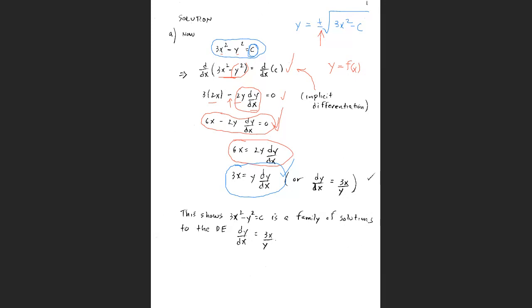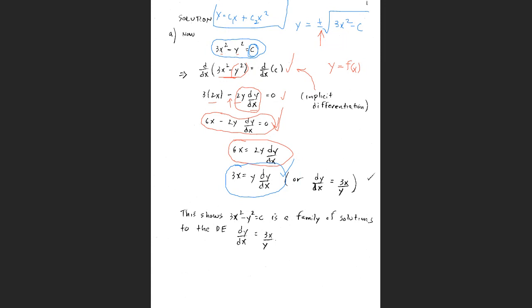You can have problems, and you'll see this in your homework, where you're given a general solution like y equals c1 times x plus c2 times x squared. That would be a 2-parameter family of solutions.